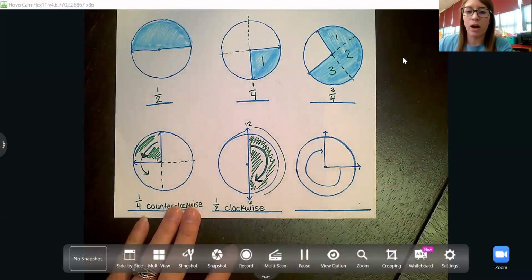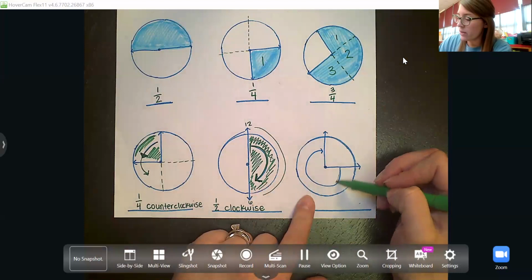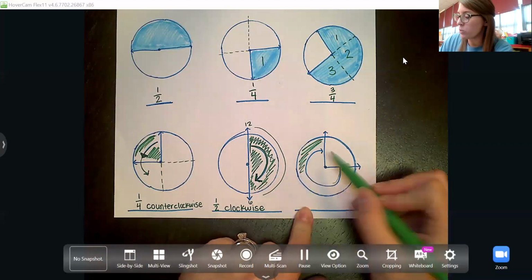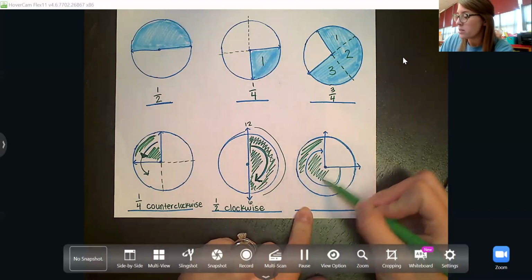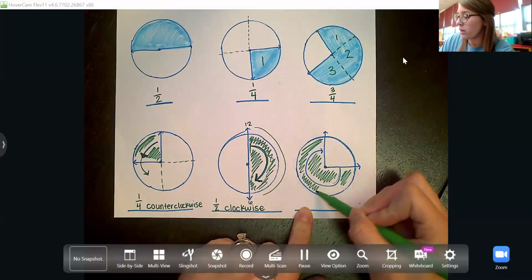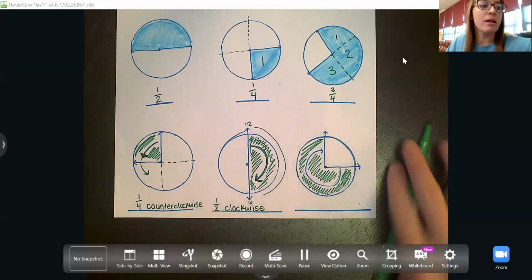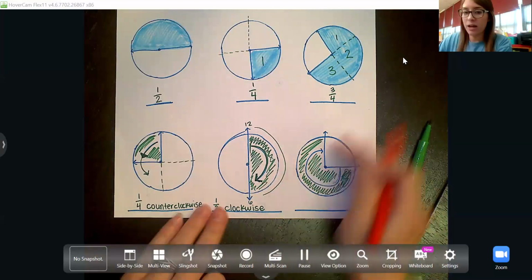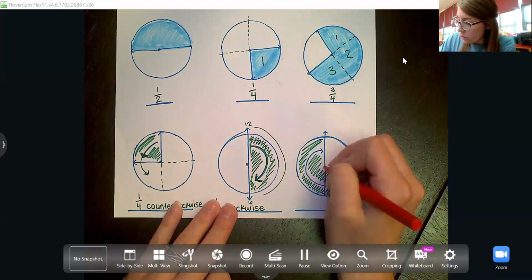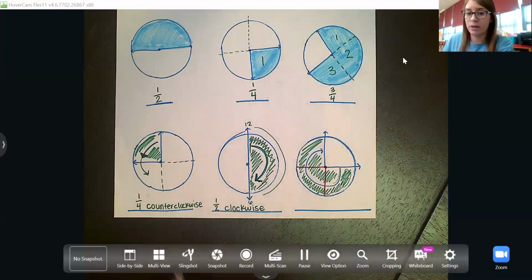Very good. All right, last one. We've got our arrow here in this wide section, which means that this is the section we've got to look at to figure out what fraction of a turn this is making. So if we were to take our lines and just like in these ones up top, extend them through to the sides of the circle, how many pieces do we have?